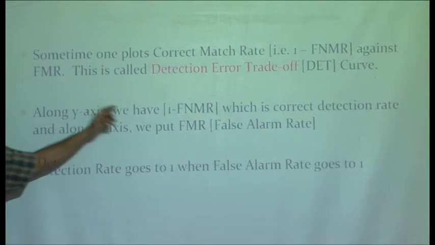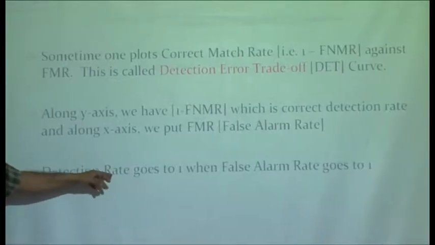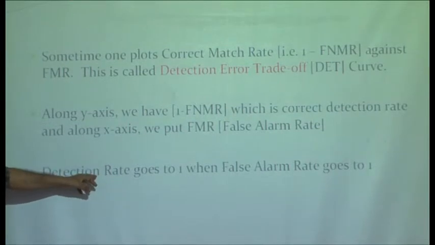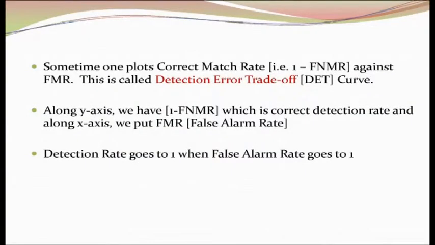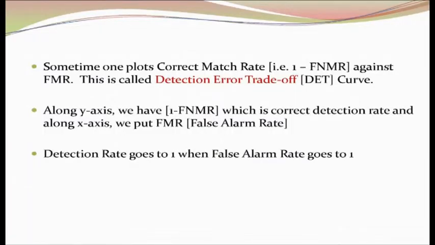Here, instead of saying false match rate, we use the term false alarm rate. Obviously, the detection error rate will lie between 1 and 0. This will be 1 when the false alarm rate is 1. Then the graph will look like this.